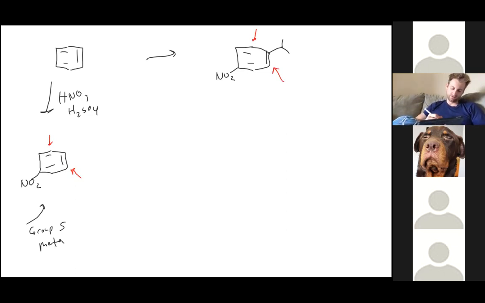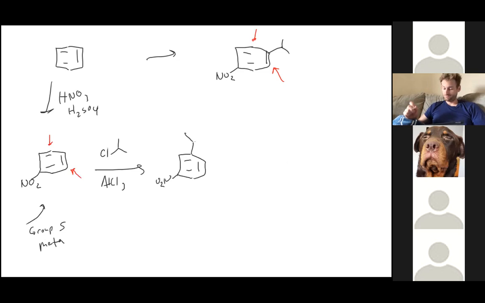So if we try to do our alkylation here, we're going to get the wrong product. That's where we get into this concept of where your order is going to be really important.